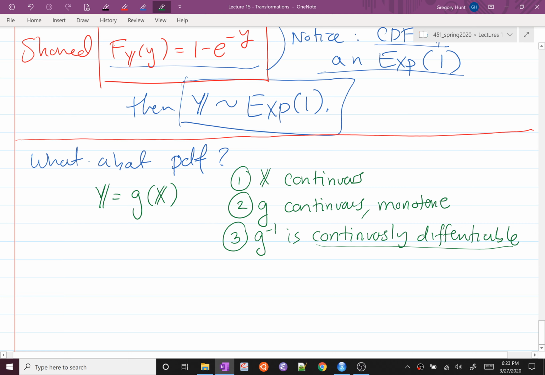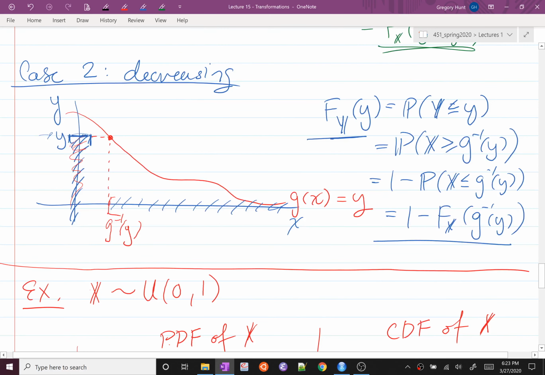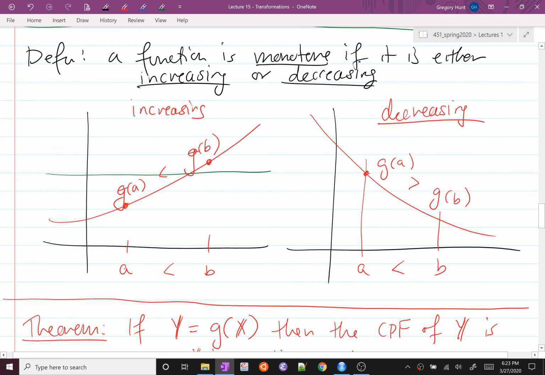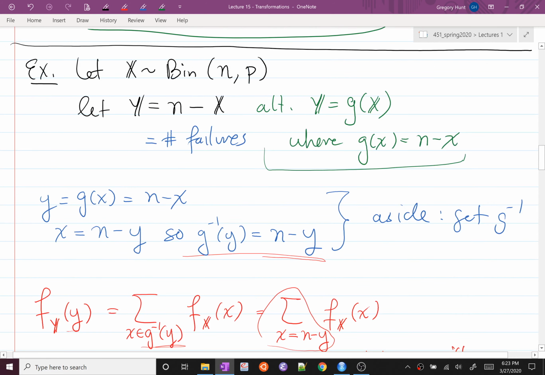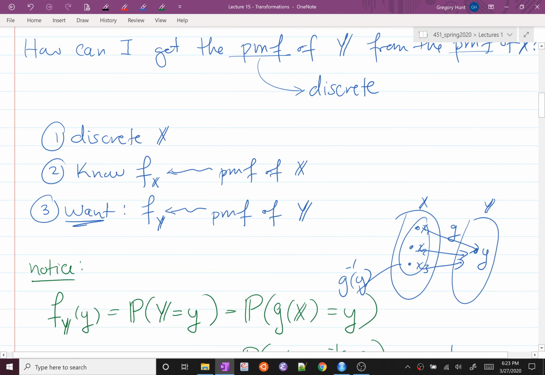So in the discrete case, if we go way back up in our notes, we just had this general theorem that said, okay, look, if I have a random variable x that's discrete and I know the PMF of x, I can get the PMF of y. No real conditions on that theorem.